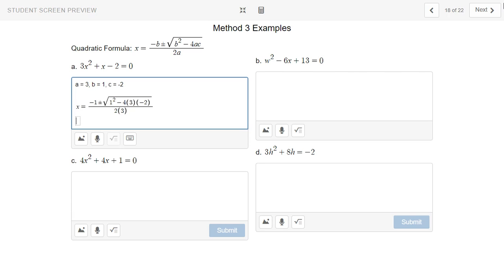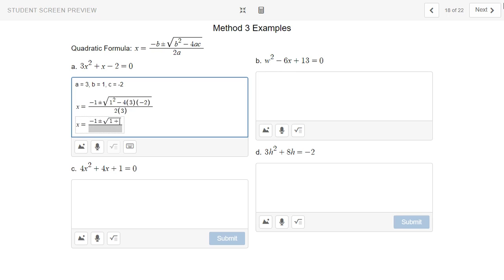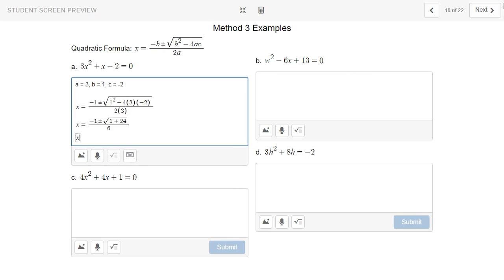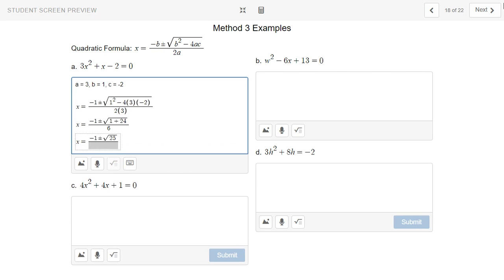Let's collect our like terms inside the square root and simplify some more. x is equal to negative 1 plus or minus the square root of 1 plus 24, all over 6. So we have x is equal to negative 1 plus or minus the square root of 25, over 6.